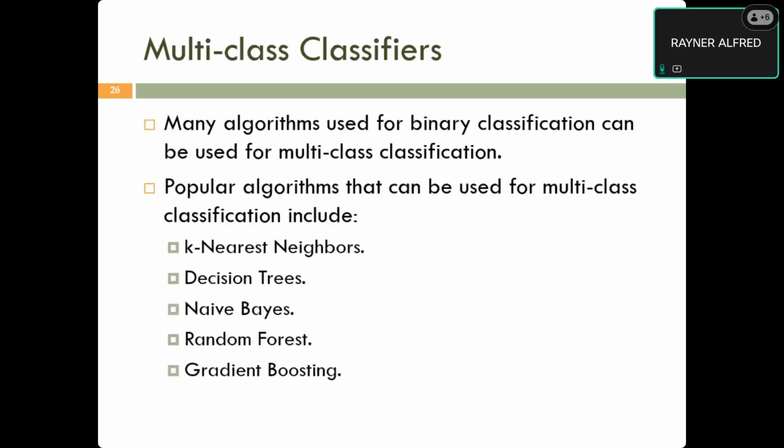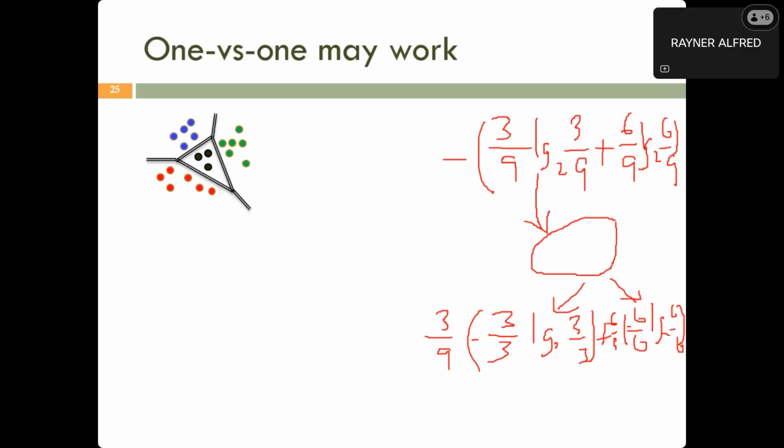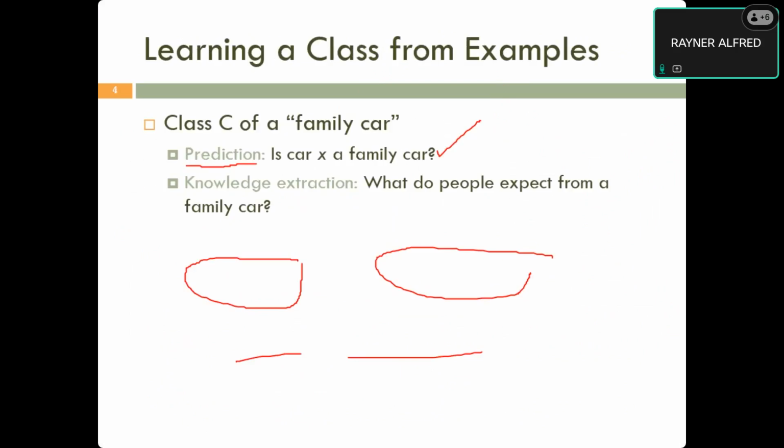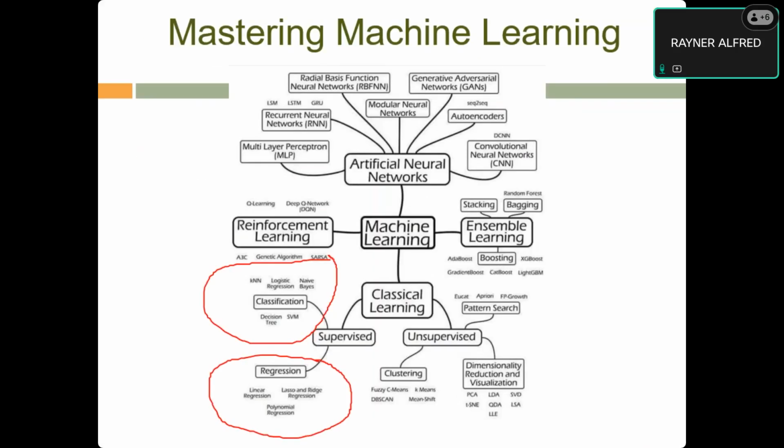Okay, so these are the algorithms that we can use for multi-class classifiers. We have k-nearest neighbor, decision tree, naive Bayes, random forest, gradient boosting. This one is considered as ensemble. Okay, if I go back to the first slide here, this is ensemble.